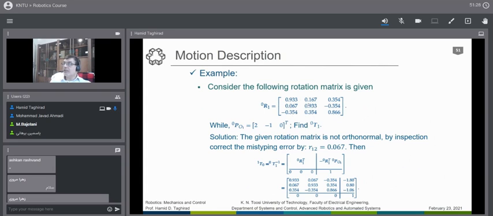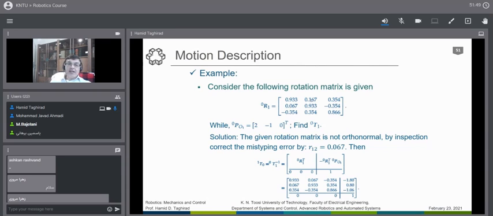Oh, this is wrong. Something is wrong here. And again, if you look at this part, the norm of this one is also more than 1. And we know that the norm of all vectors and rows in a rotation matrix should be 1. This means that this part is wrongly typed.